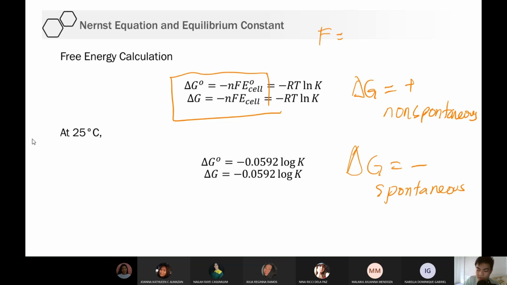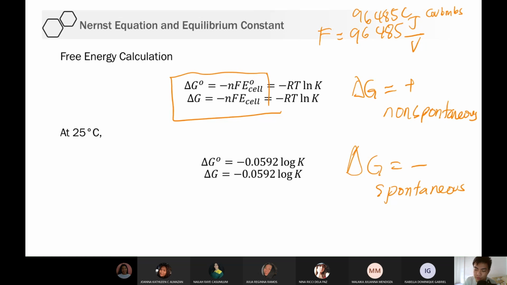Again, don't forget, Faraday's constant, 96485 joule per volt or coulombs. 96485 coulombs. Same lang yan. Coulomb is spelled as this. Paki-take note na lang.